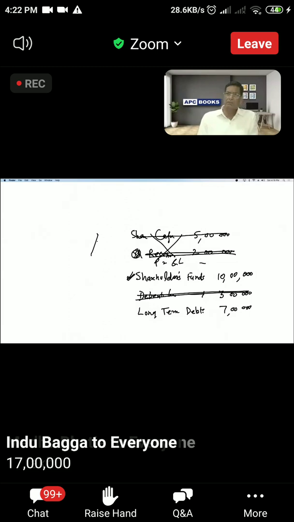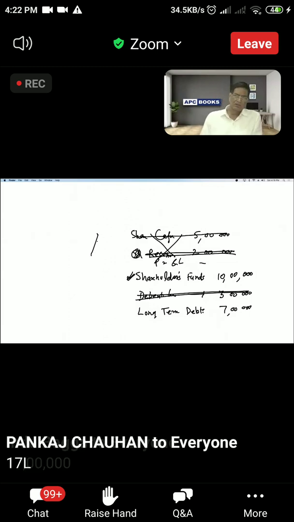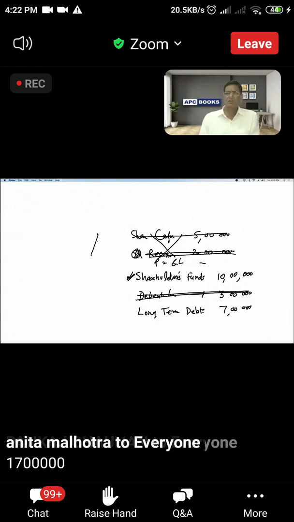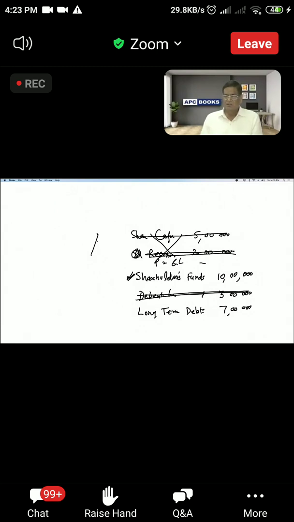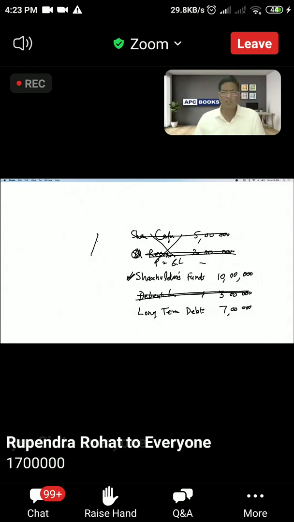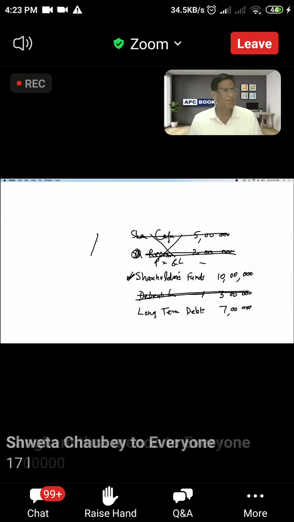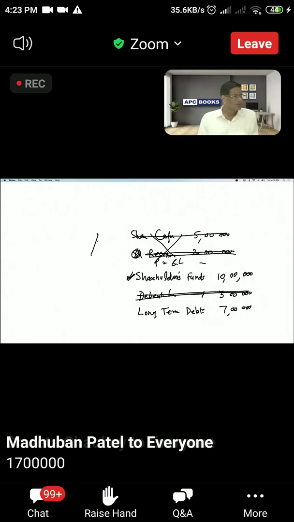The purpose of this webinar is to bring to your notice that certain questions should be formed based upon the CBSE specimen paper issued just yesterday. In many questions, they have included certain items which will be ignored.